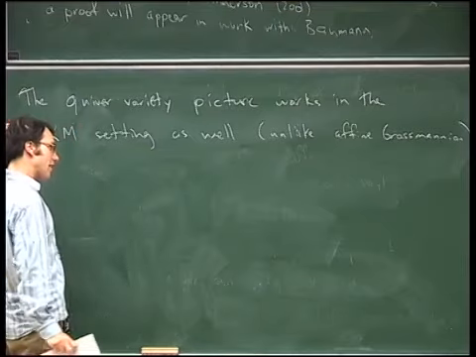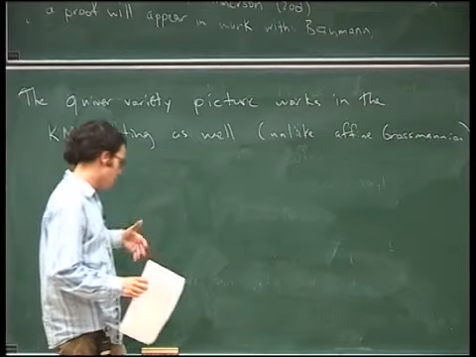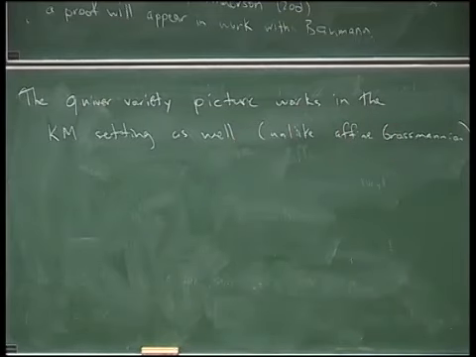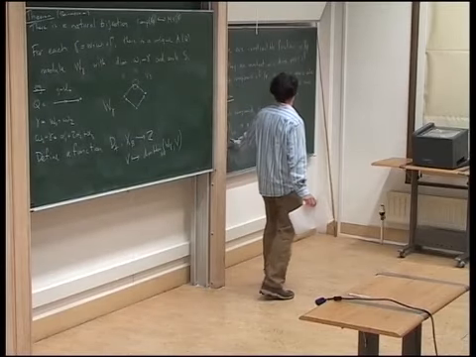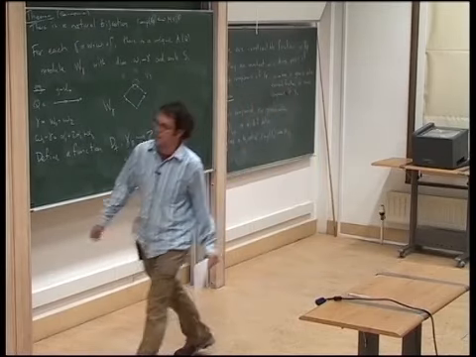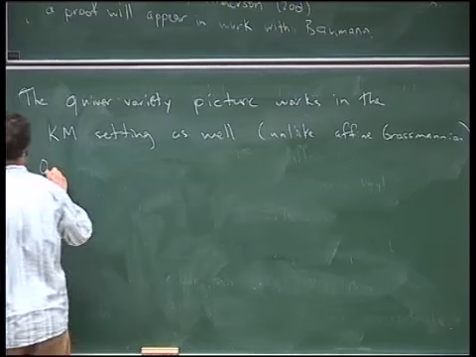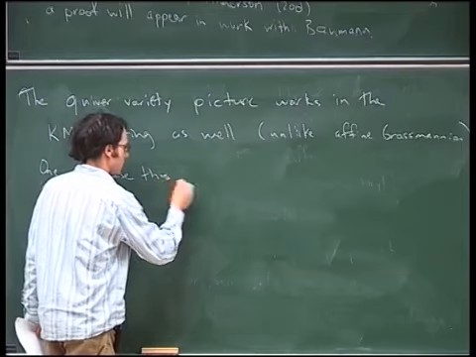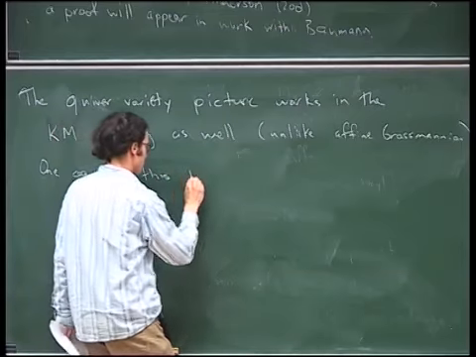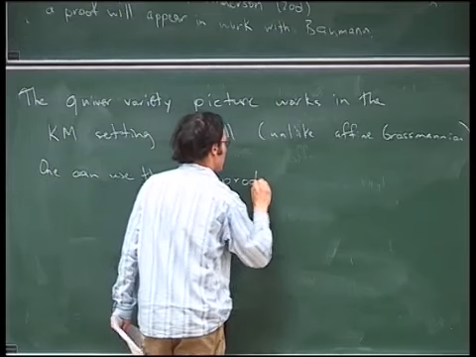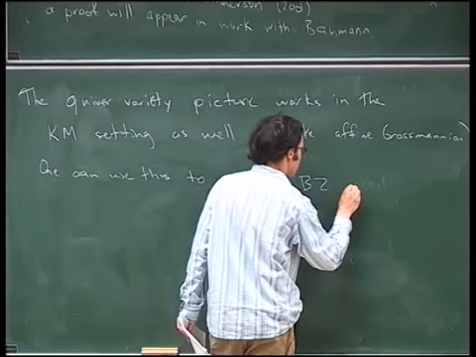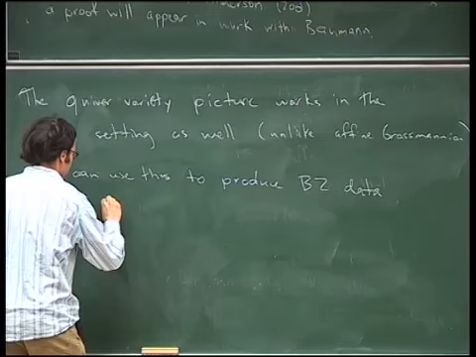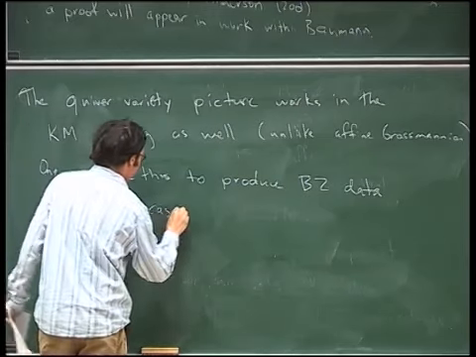Whereas the quiver variety picture goes through, so one can try to produce these BZ data for Kac-Moody Lie algebras by the same construction. So one can use our work to produce BZ data, BZ data and MV polytopes, in the Kac-Moody case, in particular affine as well.